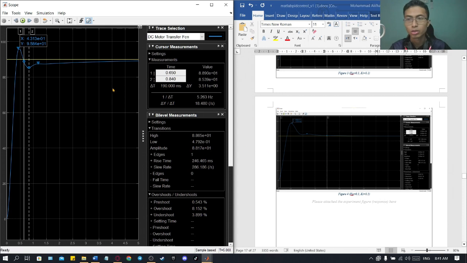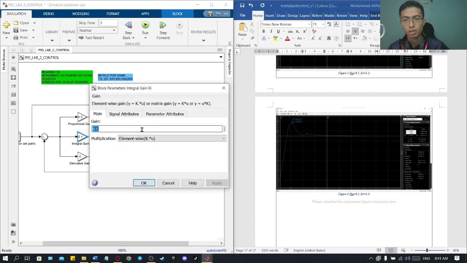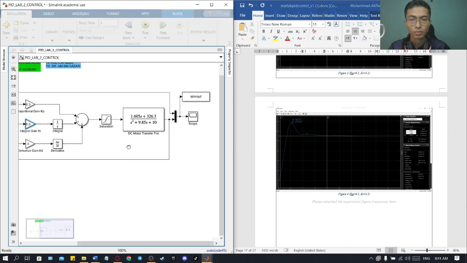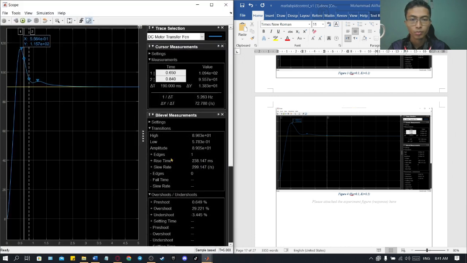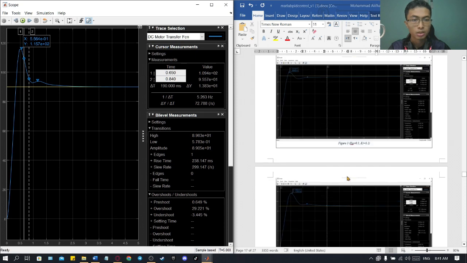Next we continue with the integral gain at 0.5. We make it higher, 0.5, and then we run. We open the scope. There we go.